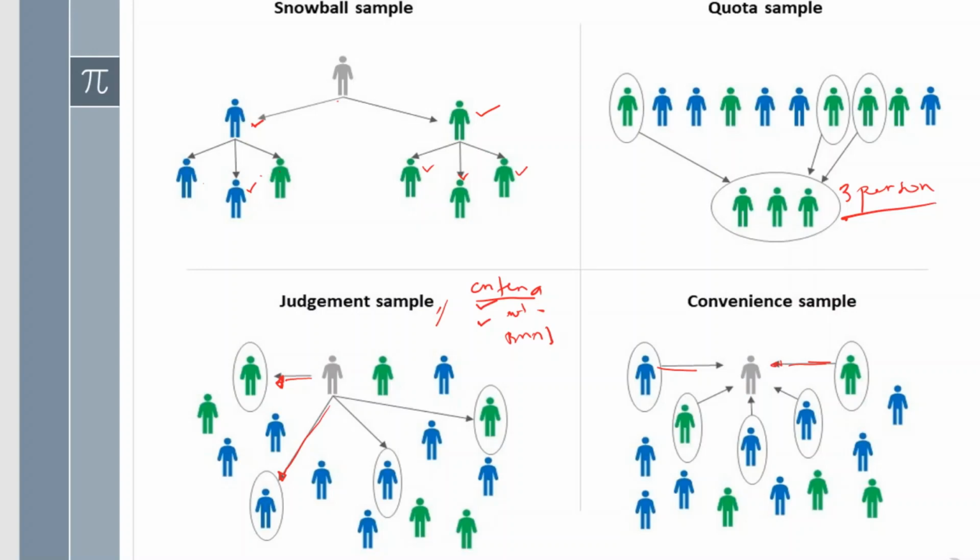Then you're going to infer that to your population. You also need this in doing your thesis, whether you're going to do qualitative research or quantitative research.